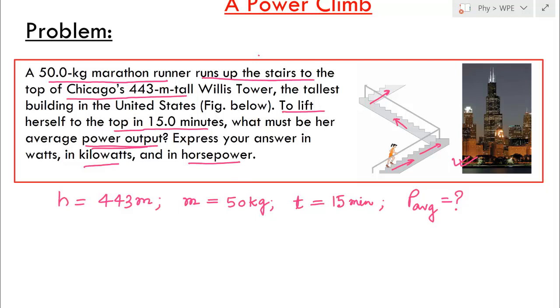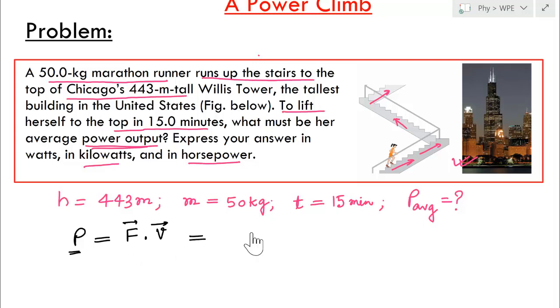Now how will you do this problem? So if you remember, power is given as F dot V. So force is a vector quantity, velocity is a vector quantity, but if you take the dot product, power is a scalar quantity.